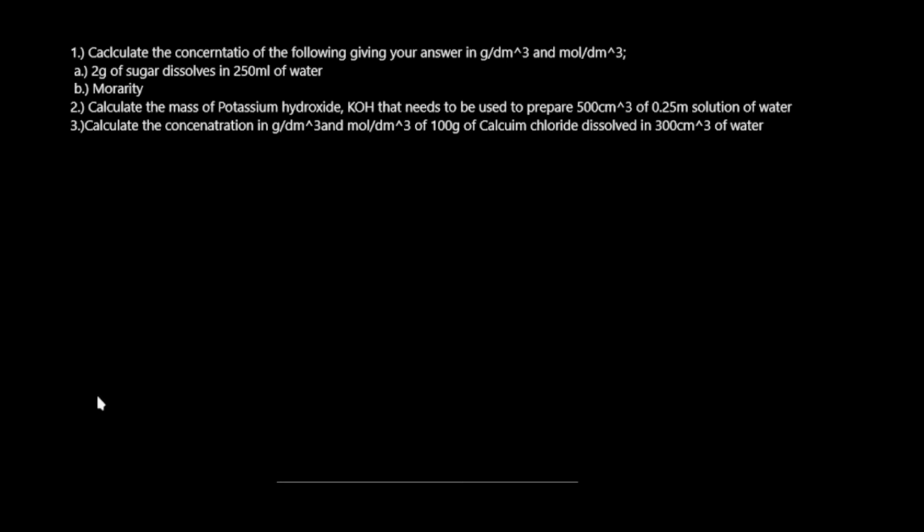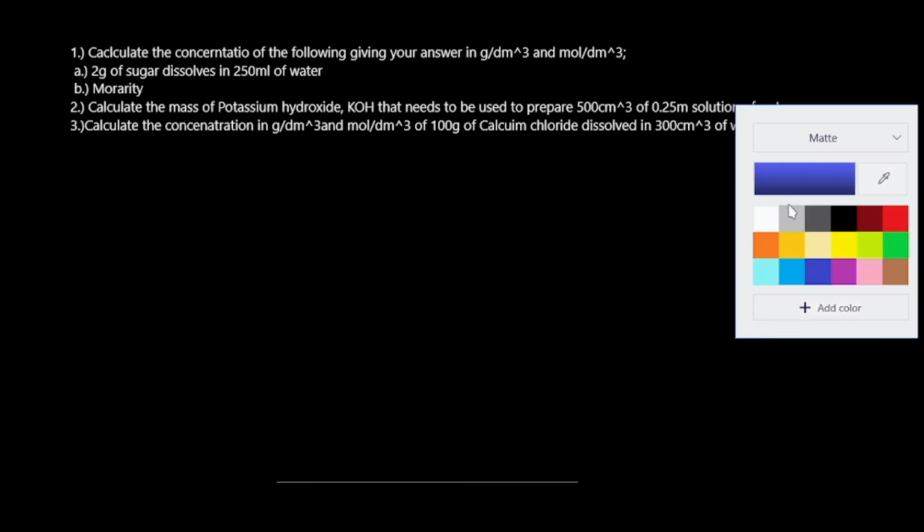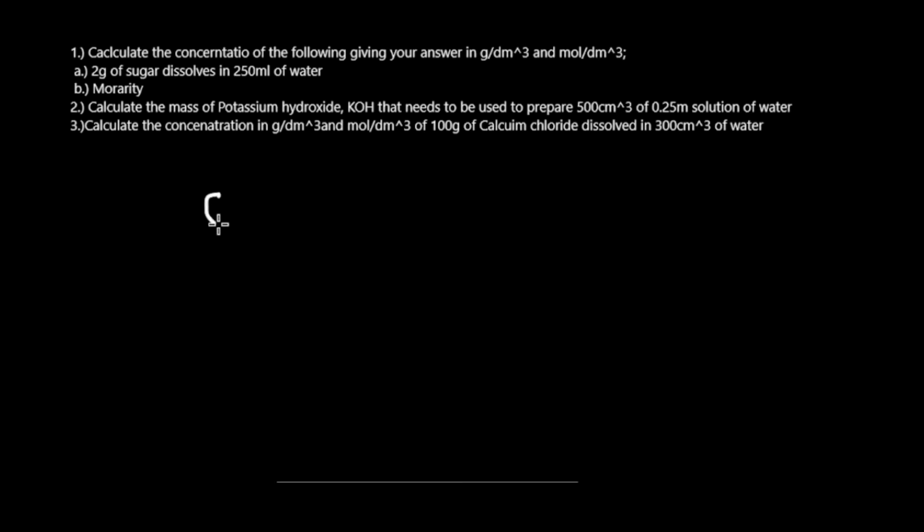Now what we have to understand is that we have the basic formula when looking at concentration, which is concentration, represented by C, is equal to m over v. So that's a basic formula that we're going to be using. So let's look at the first question.